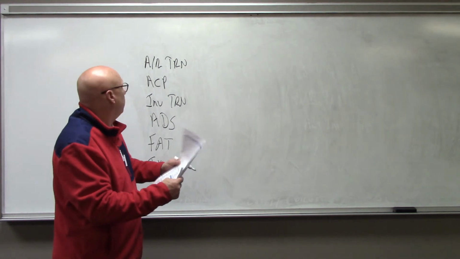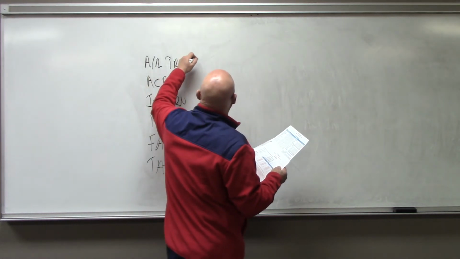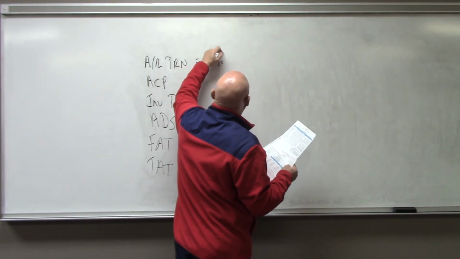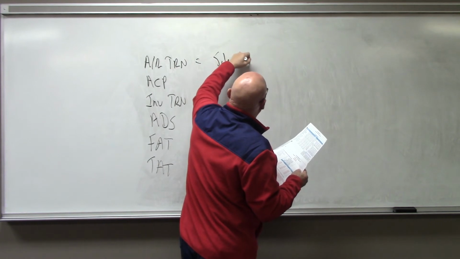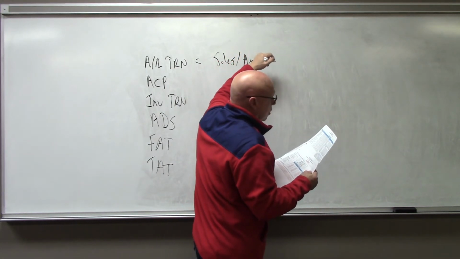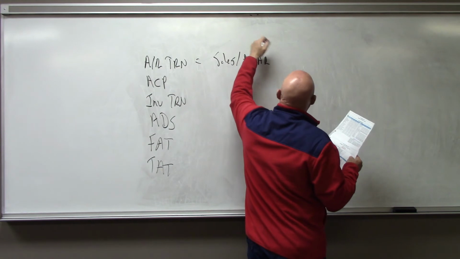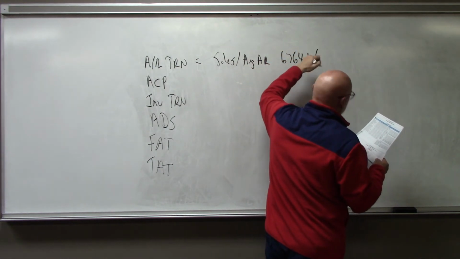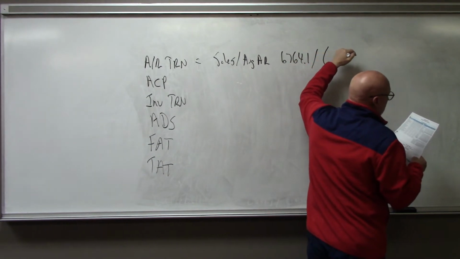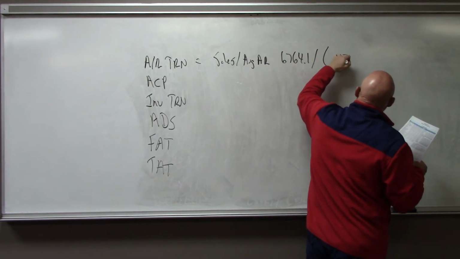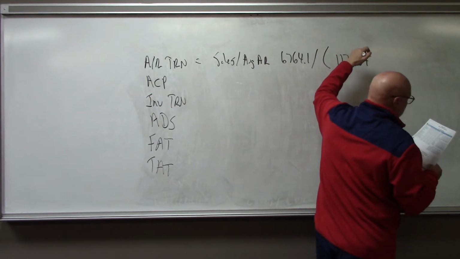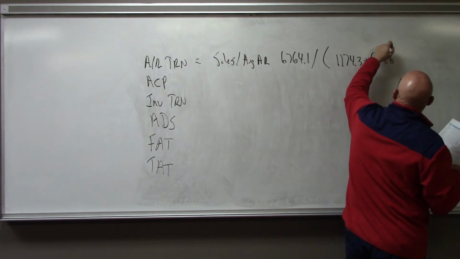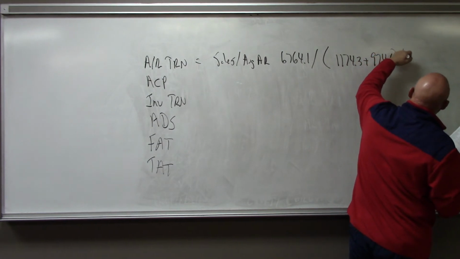Okay, so accounts receivable turnover, we've got sales divided by average accounts receivable, and so we've got 6764.1 divided by 1174.3 plus 974.6 divided by 2.